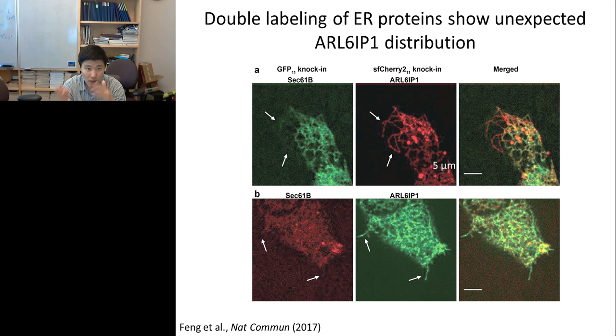This is not an artifact of GFP11 versus Cherry 11 because we can swap these two labels and we saw pretty much the same thing at the very periphery of the cells. More recently, Pietro De Camilli at Yale has published a paper, and they've also observed the same phenomenon, and they have some nice explanation of what might be going on, associated with the function of the RTN4 protein.